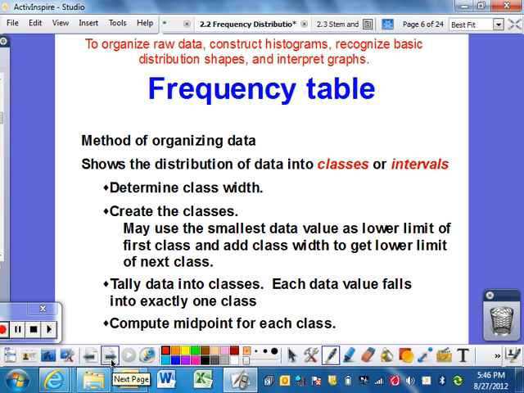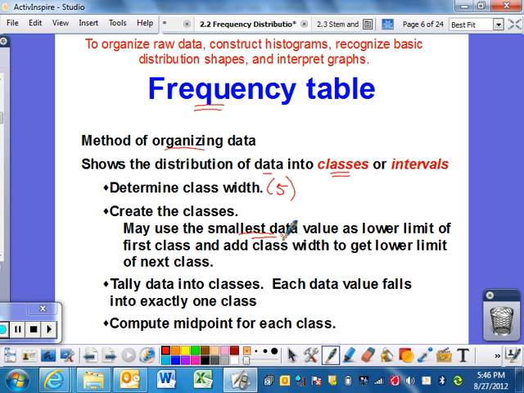Okay, frequency tables, you're going to be asked to do this a lot. It's a method of organizing data. It shows the distribution, or essentially how many data values are in each class or interval. All right, so determine the class width, we just did that. In our example it was 5. And then create the classes. How does this work? The smallest data value becomes the lower limit of the first class.